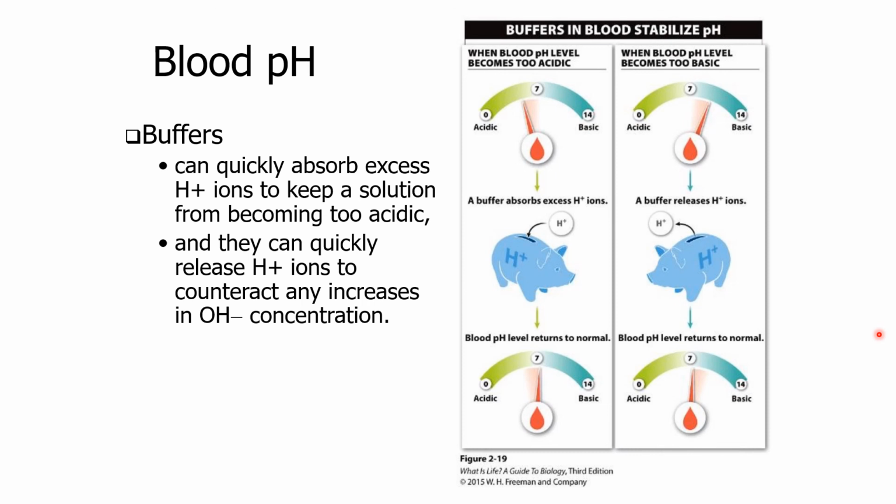So buffers either absorb hydrogen ions or release hydrogen ions, depending on whether your blood is headed towards being more acidic or more basic. And buffers do what they do to keep your pH basically towards 7.